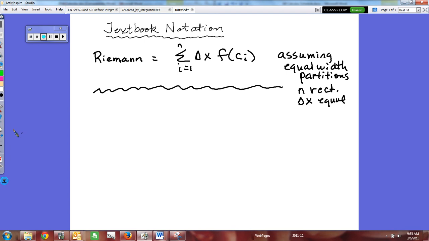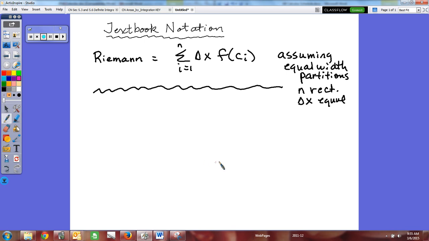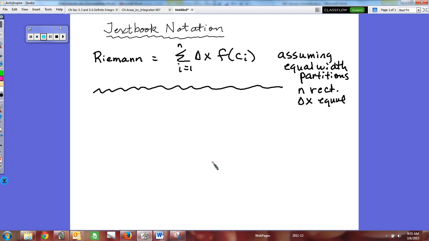So the first change, if you notice this in your textbook, is that it doesn't really require that all the partitions be of equal width. What they've done to the formula to adjust for that is they do the Riemann sum as i equals 1 to n.